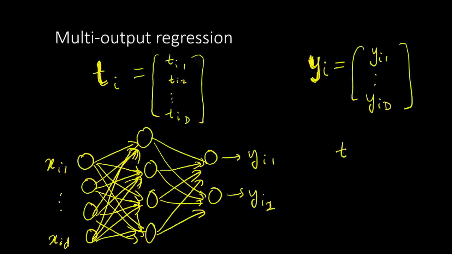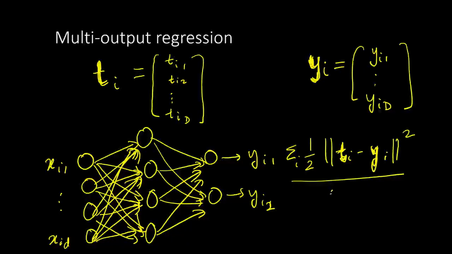So we will take Ti minus yi and take its L2 norm, and we can square it, then take half of that, sum it over all i, and divide it by n, which is the number of training points. I ranges from 1 to n. So this is the equivalent of mean square error, but for vector output.